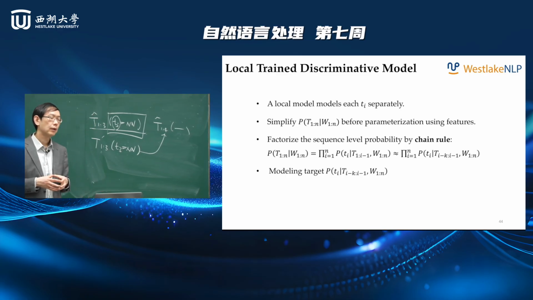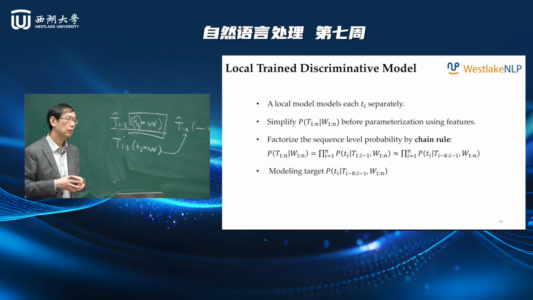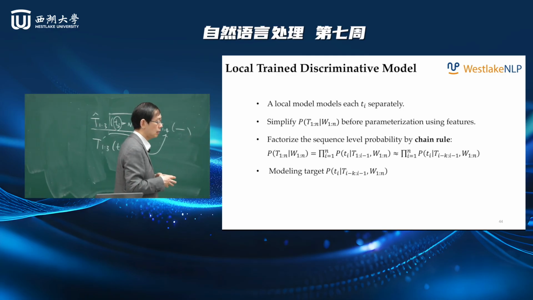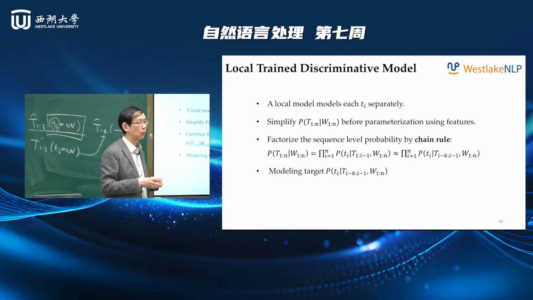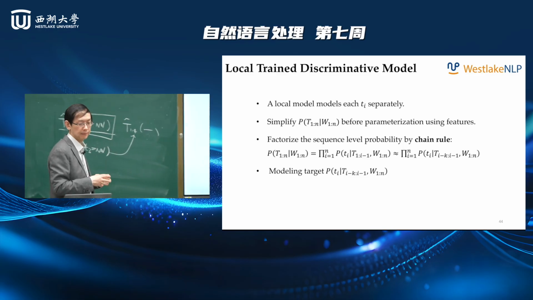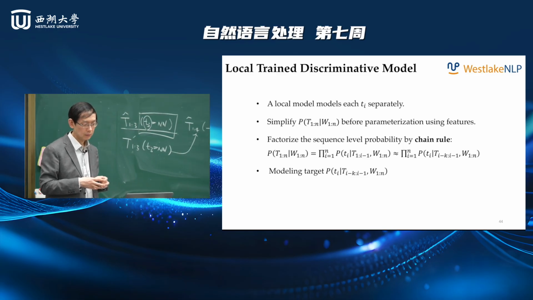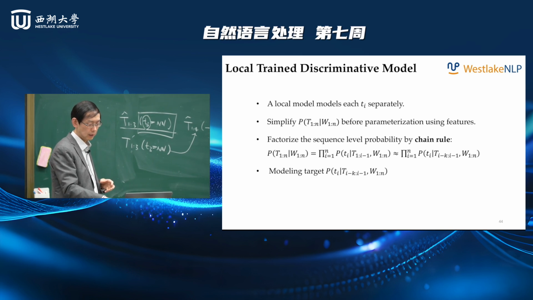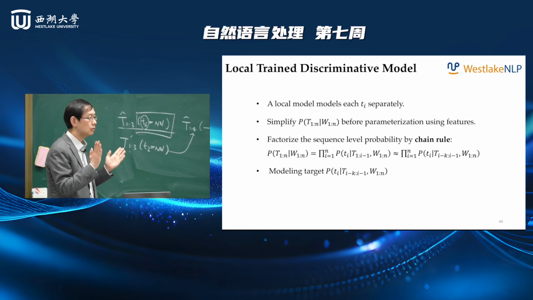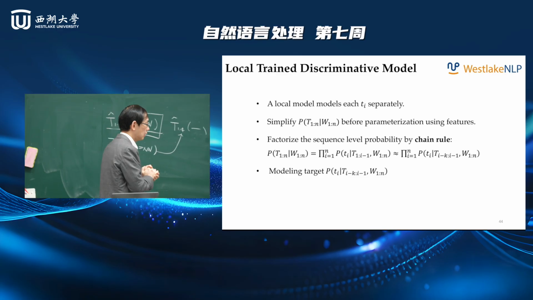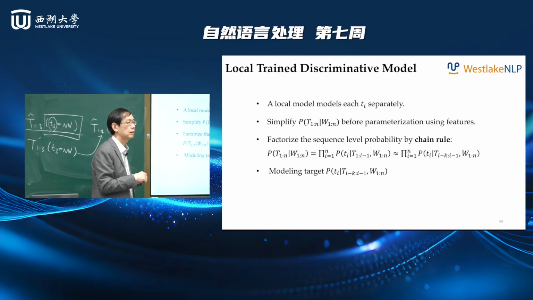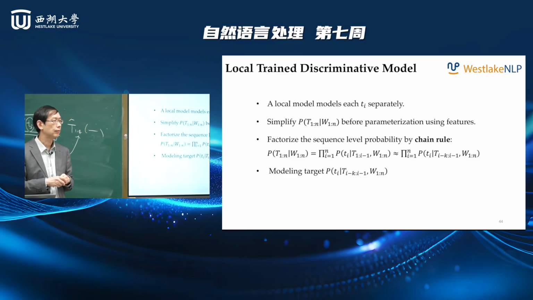But how do we model the generation of a tag when the previous tag is a factor? So I do some trick. I don't assume the naive independence case anymore.